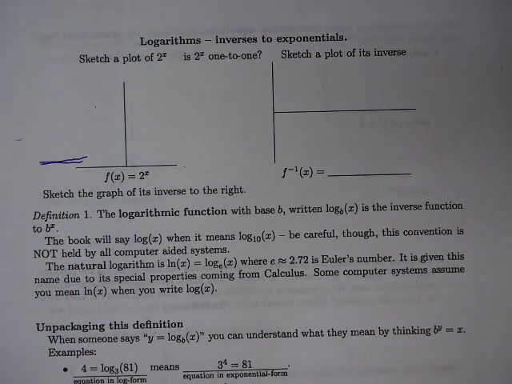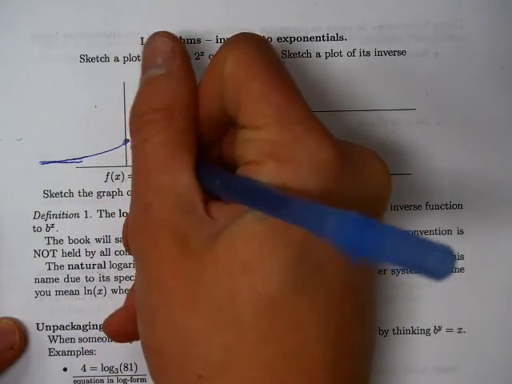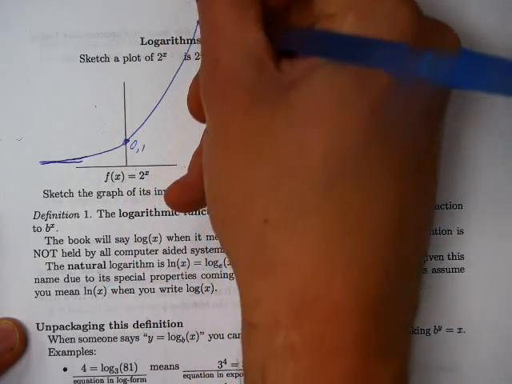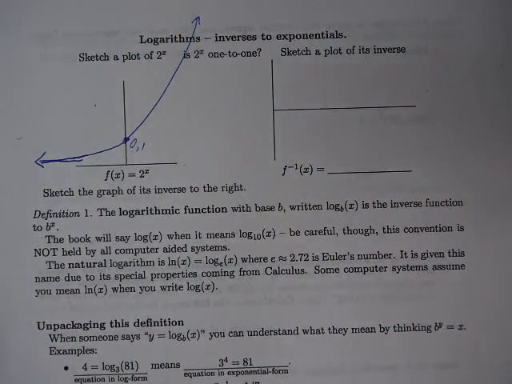Where's the y-intercept of 2 to the x? What's 2 to the 0? 1. So the y-intercept will be at (0, 1). And then it'll just keep on growing. It'll grow quickly, but not quickly enough to have any vertical asymptotes.